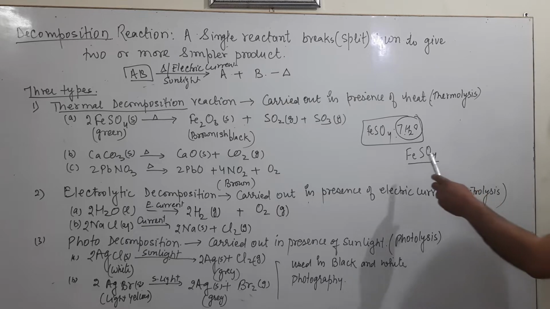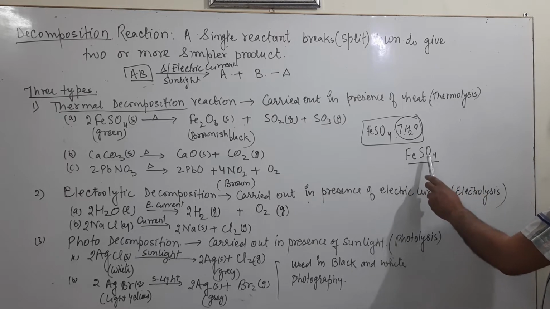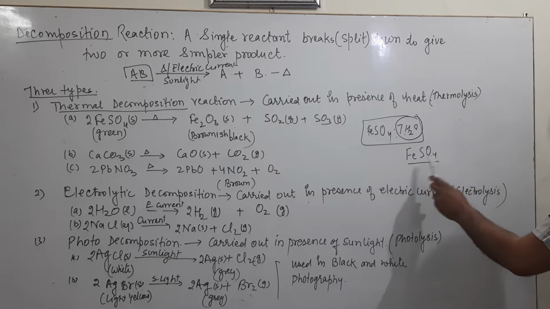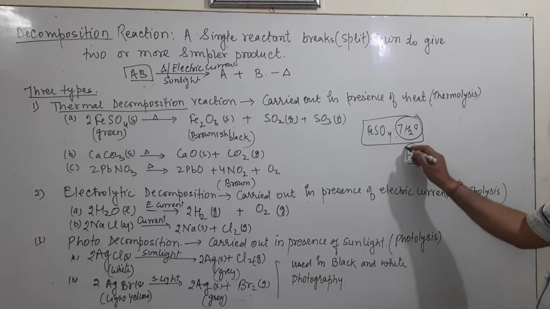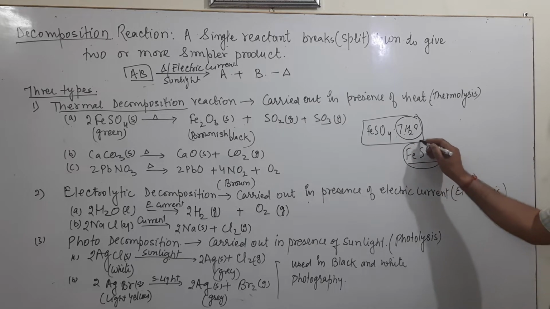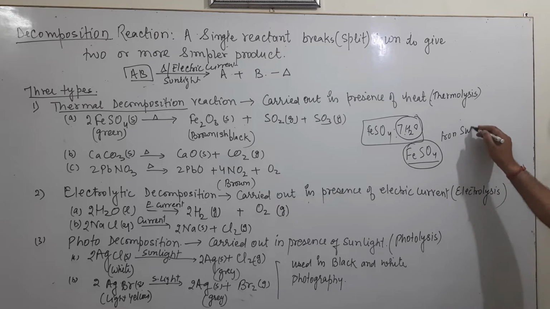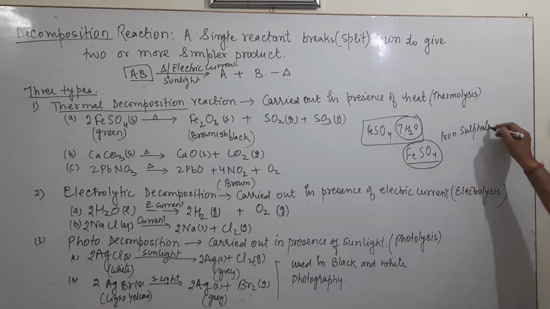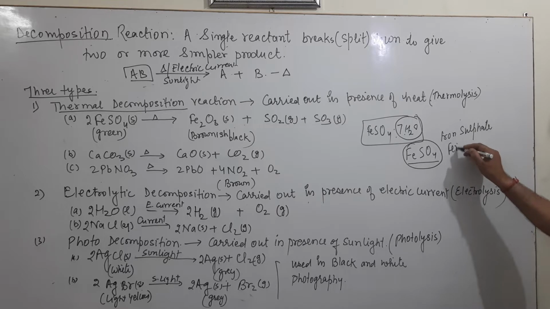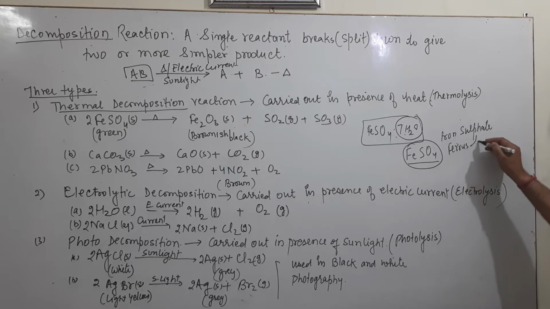FeSO4. Fe means iron, S sulfur, O oxygen, and this is all from iron sulfate, or ferrous sulfate.